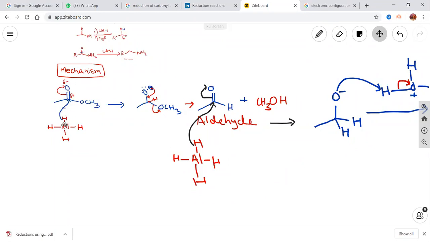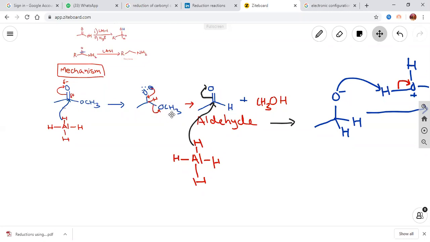The hydrogen atom from the lithium aluminum hydride ion will approach and break from the aluminium, and it will go to the carbon. So we get this molecule. In this oxygen, the extra electron pairs cannot come back until there is a leaving group, until something leaves the substrate.